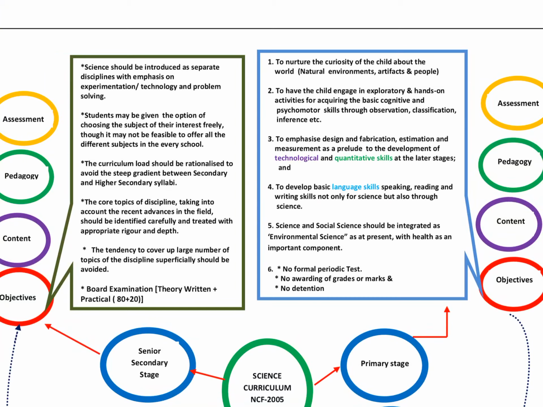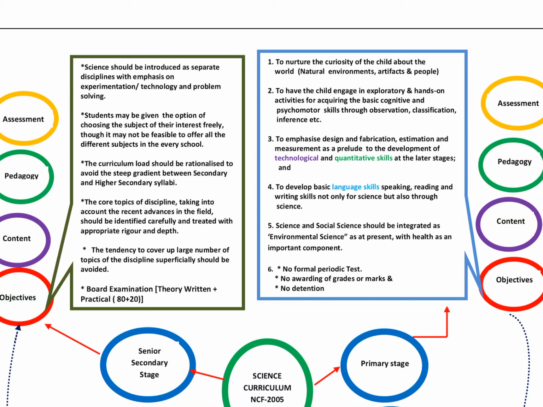And whenever the objectives or aims are formulated, the content, the pedagogy, and even how the assessment and evaluation can be done, whether the formulated objectives have been achieved or not, so what type of assessment is to be done, that is also included actually.